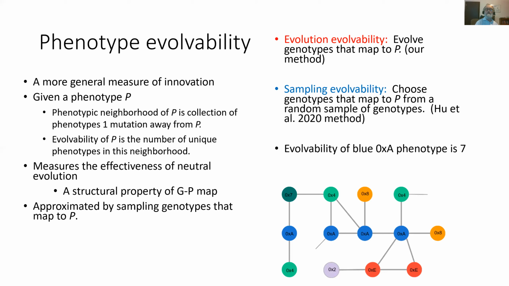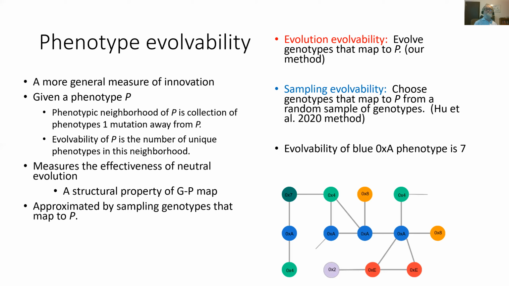So looking at the example on the right, thinking of the blue 0xa phenotype, we count the number of adjacent different phenotypes, which are orange, dark orange, light green, and dark green, but not light blue.